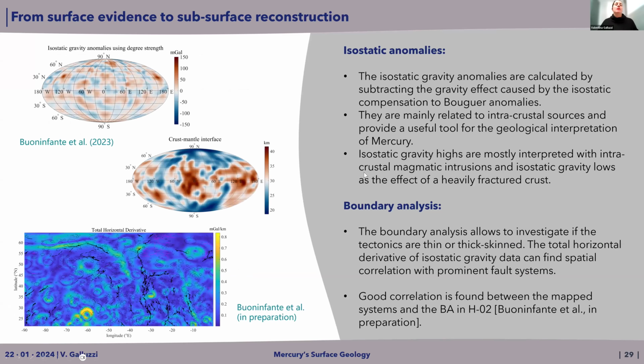We are talking about the surface today, but let's go a little into the shallow subsurface. If we look at the isostatic gravity anomalies, we can see, in this case too, nice alignments between the fault systems and the gravity anomalies.